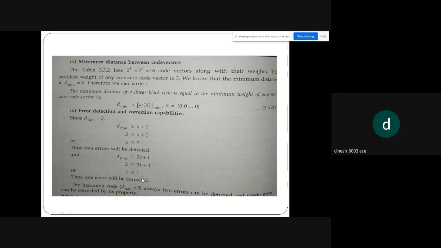So this code will correct only one error. Always, if any Hamming code has a minimum Hamming distance of 3, it will detect two errors and correct one error. Detecting two errors, correcting one error. So this is the property which is being satisfied.